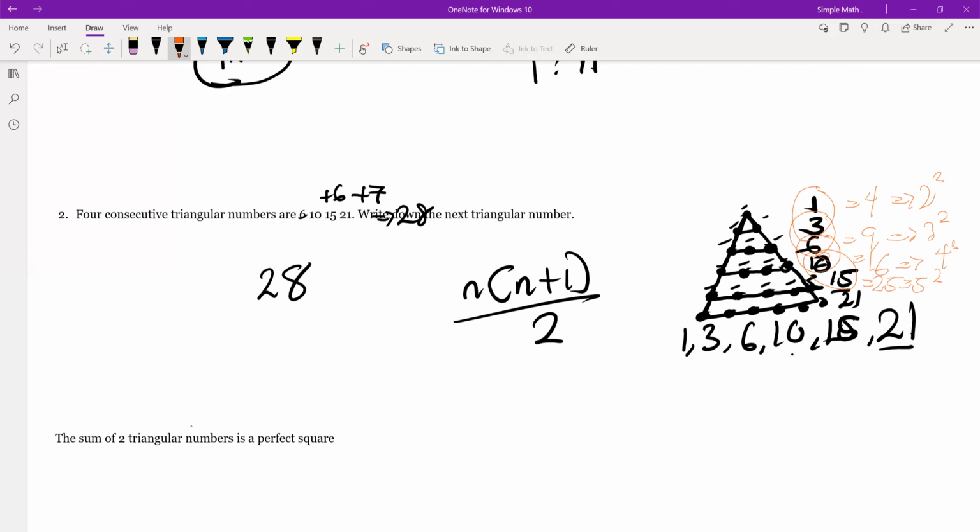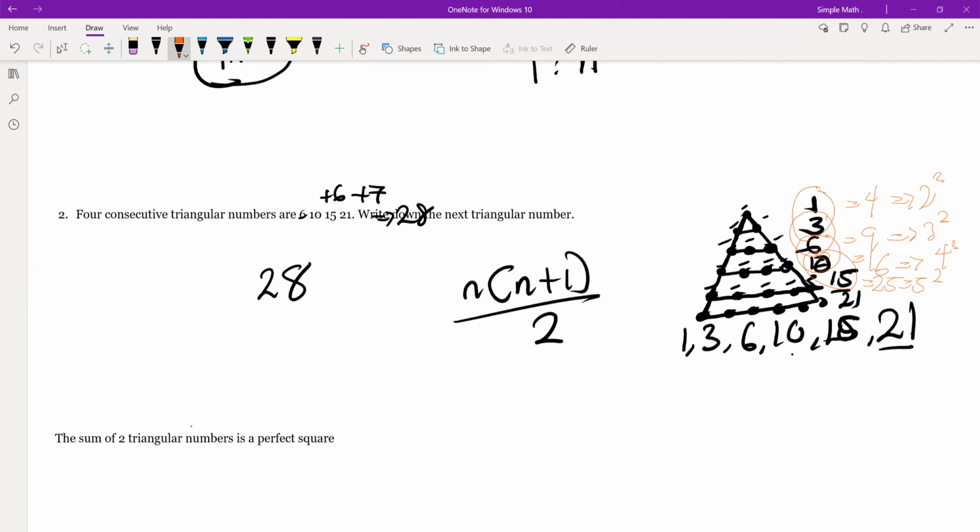But we can also say, okay, 15 plus 21 is what? Look, the number before the 21 is 15. 15 plus 21 gives us 36, which is 6 squared.